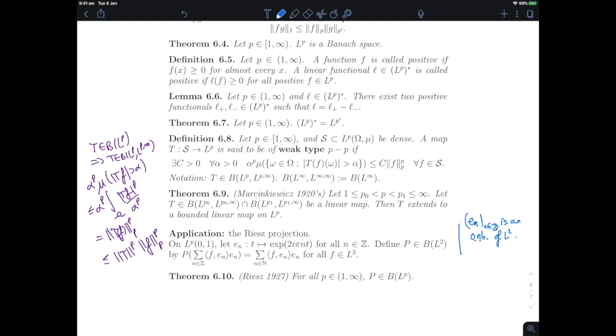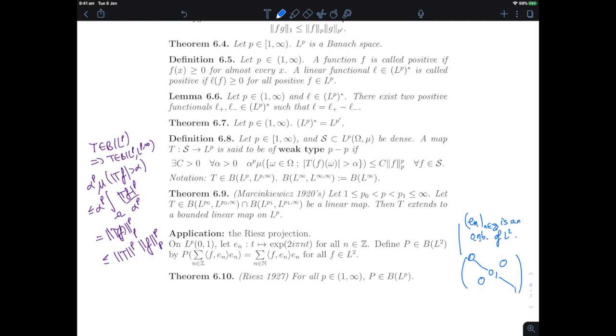So the way you should think about P is it's a diagonal matrix with respect to the basis e_n, which has 0 on the first infinitely many coefficients corresponding to negative integers, and then ones after that. It's an infinite dimensional version of that. So once you know that such an operator is continuous on L^p, you can build from that and get the continuity of all sorts of other maps.